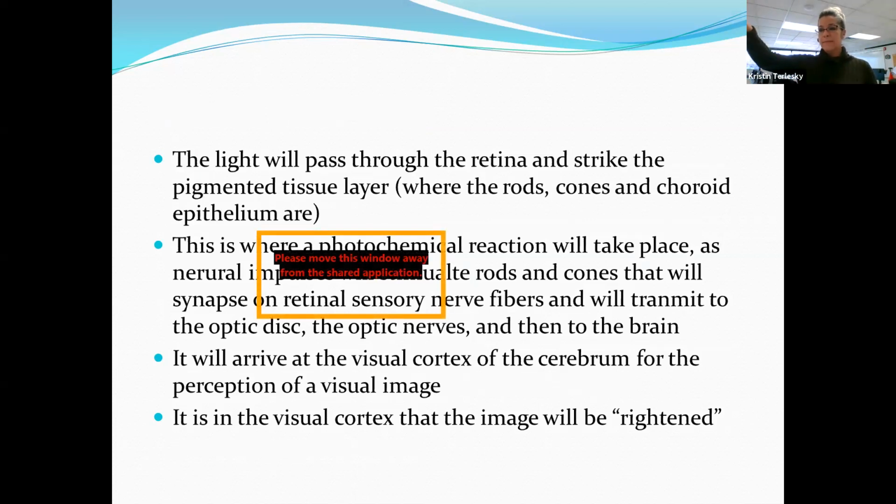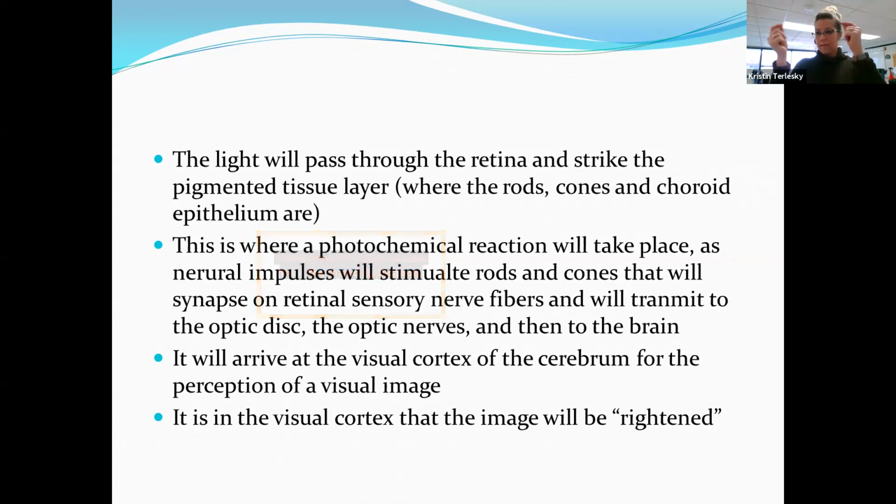We're going to go now to the optic nerve, and we're now going to go to the brain. So there's a lot of stuff happening. Rods and cones synapse to that sensory nerve fiber, which will go to the optic disc, which goes to the optic nerve. The nerves knock on the brain and say, hey, we need a picture over here. And this is all happening like this, because right now I'm looking at this. I can see this clear as day. So it's happening at a very fast pace.